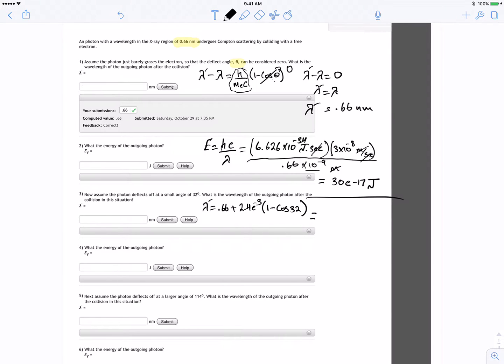For this, I got 0.6603 nanometers. Cool.